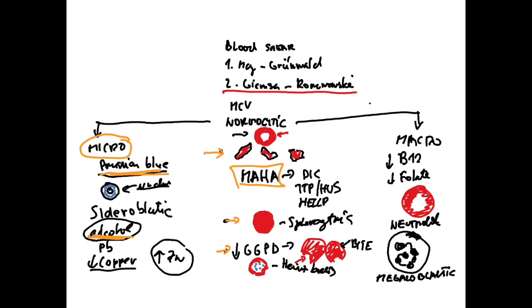That's typical with bite cells and also Heinz bodies. And the last example are macrocytic, and of course you will check not the erythrocytes, which are bigger, but you're going to aim for neutrophils, and if they're polysegmented, very likely it is megaloblastic anemia.